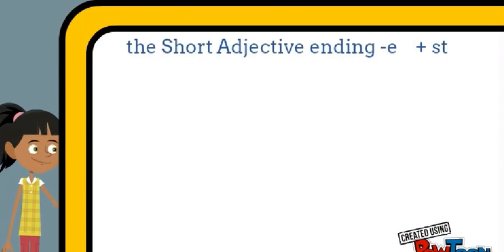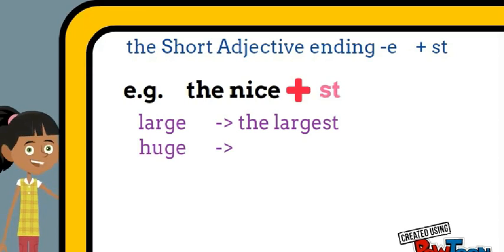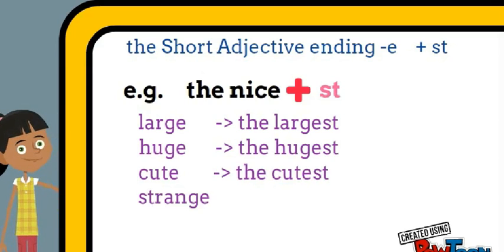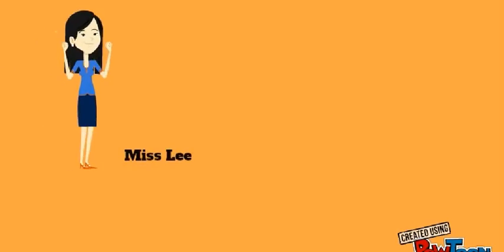So if we have a short adjective ending in E, we simply add st. So we have large, the largest; huge, the hugest; cute, the cutest; strange, the strangest; wise, the wisest; rude, the rudest.